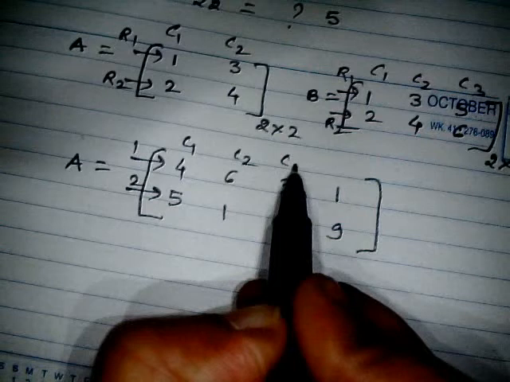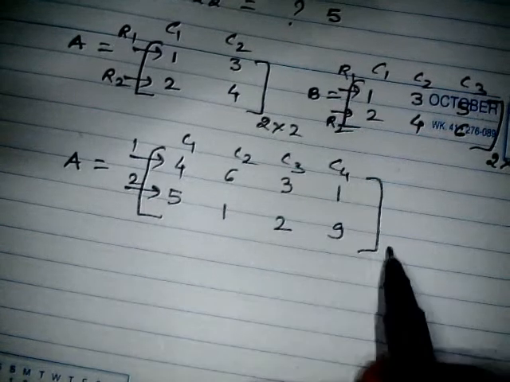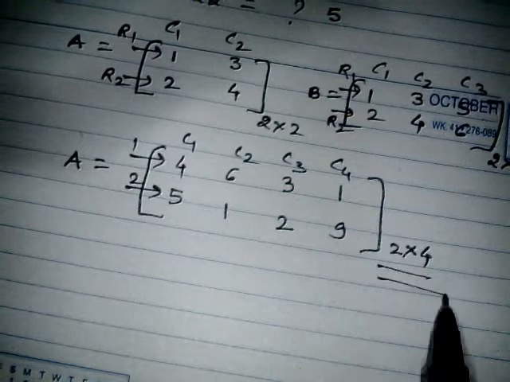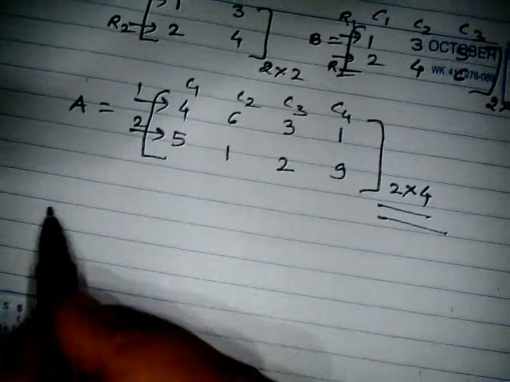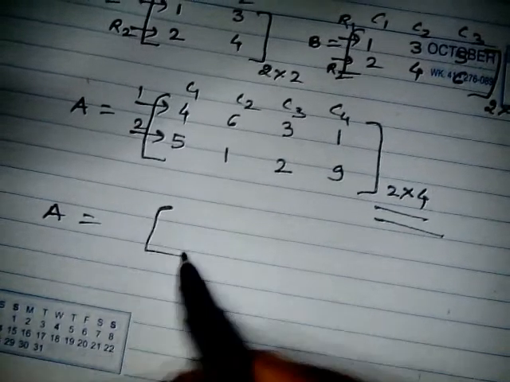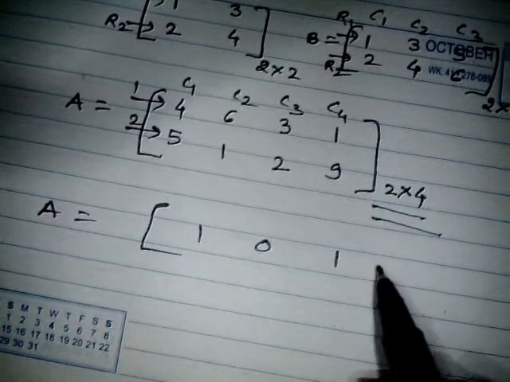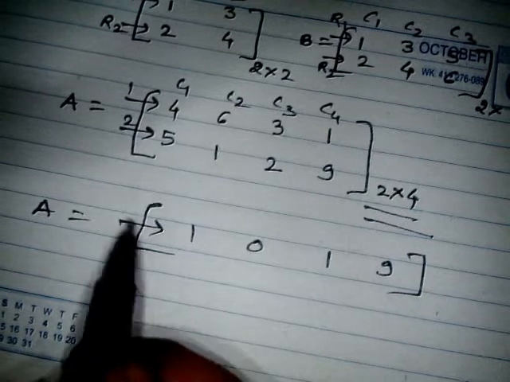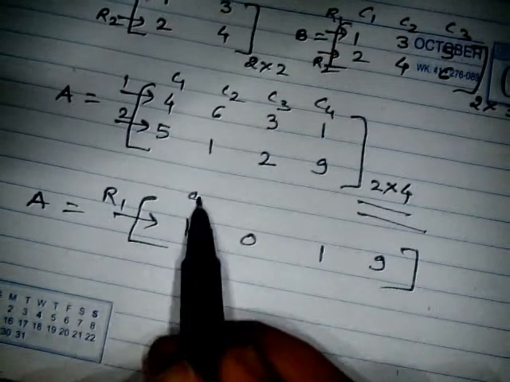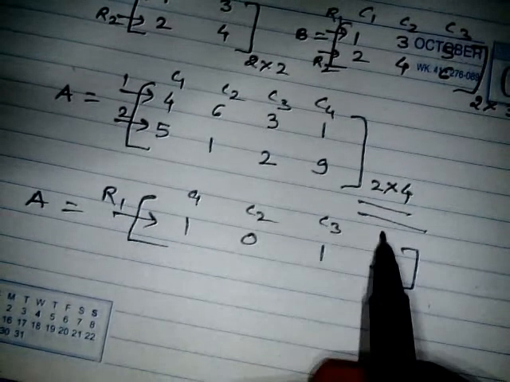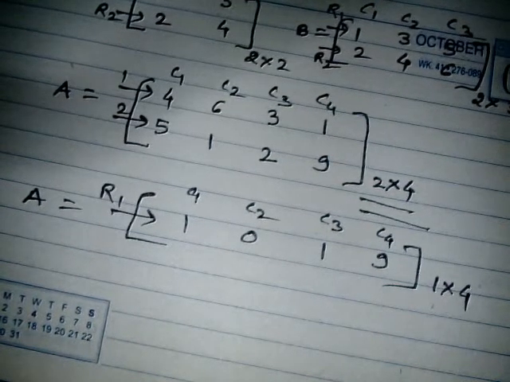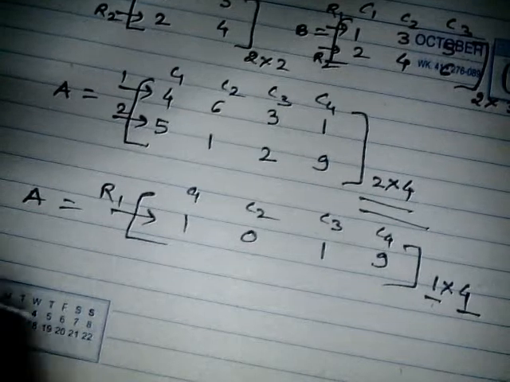This matrix order is 2 by 4. Now suppose the matrix is given 1, 0, 1, 9. What is the order of this matrix? You can see one row and 4 columns, so 1 by 4. This matrix order is 1 row and 4 columns. Now suppose this matrix is given 1, 3, 9.